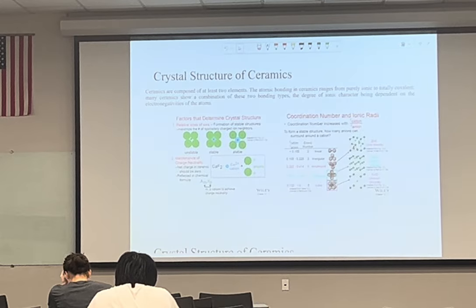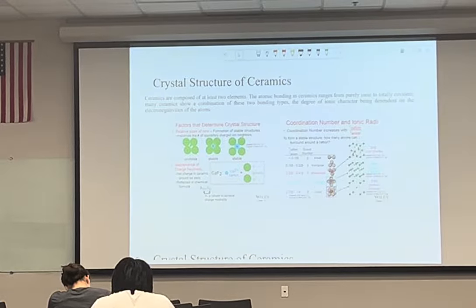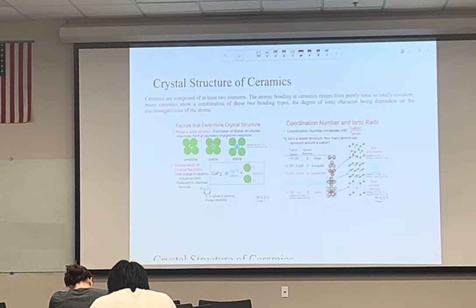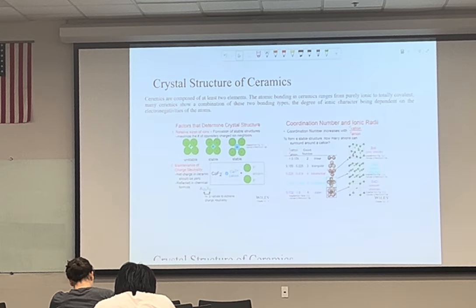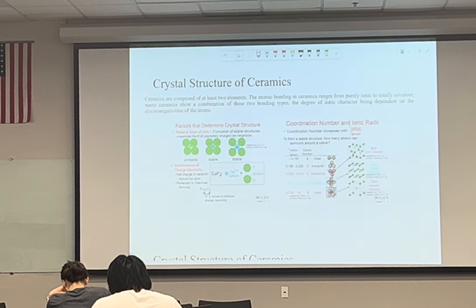Ceramics basically have at least two elements, and the atomic bonds are mostly ionic or covalent, but it could be just a combination of these two types. It depends on the electronic activities of those atoms.